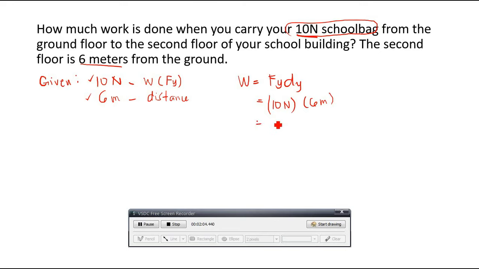So 10 times 6, that will be 60 Newton meter, or 60 joules. J means joules, and this is the base unit for work.